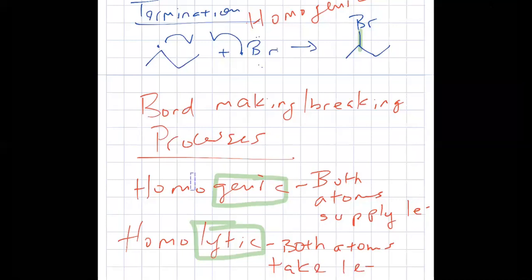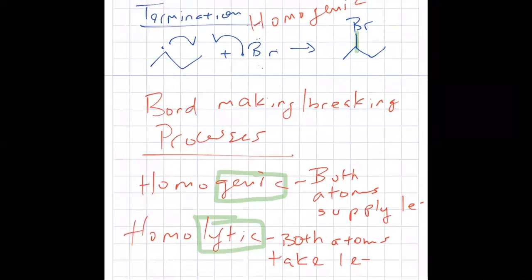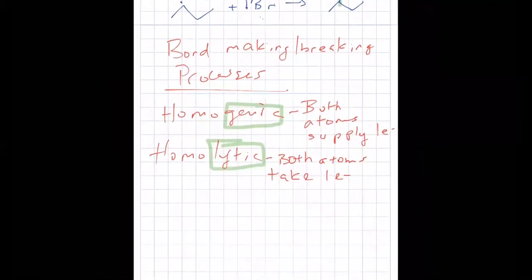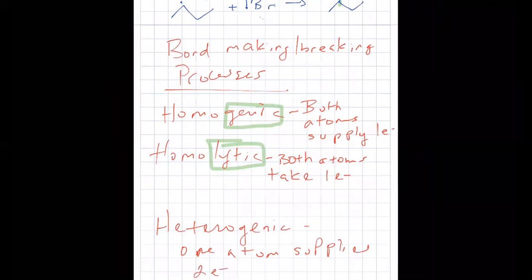All right, then the other bond making and bond breaking process, hetero, so heterogenic. So one atom supplies both electrons. And again, this is to make a bond. Every covalent bond is made up of two electrons.